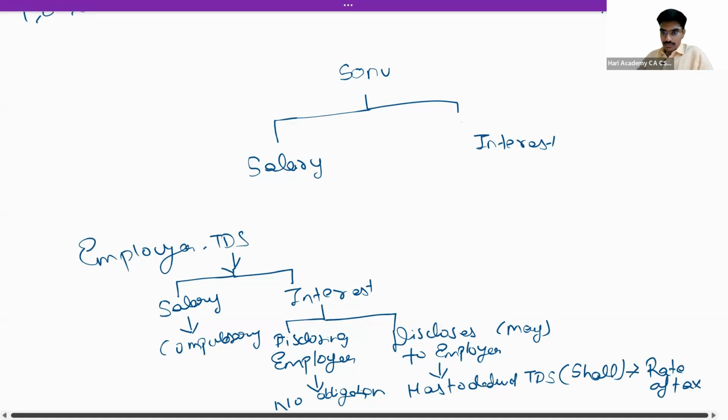This interest income will already be subjected to TDS in the hands of the payer, who would have already deducted 10%. It is either going to be under 193 or 194A. In any of these sections, the payer of interest would have already deducted TDS.